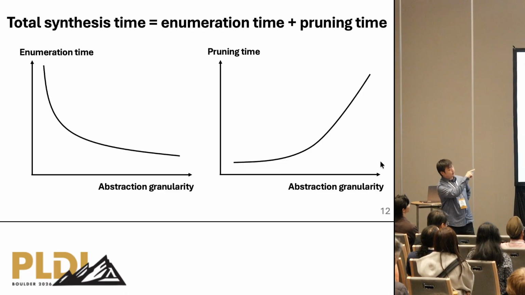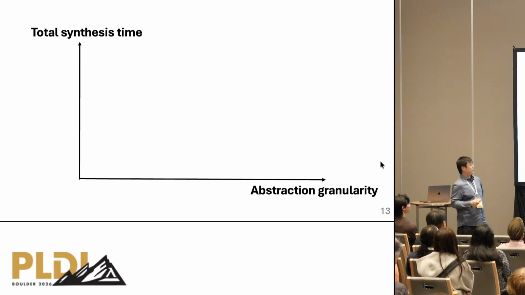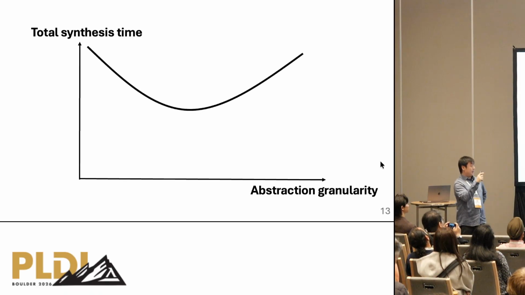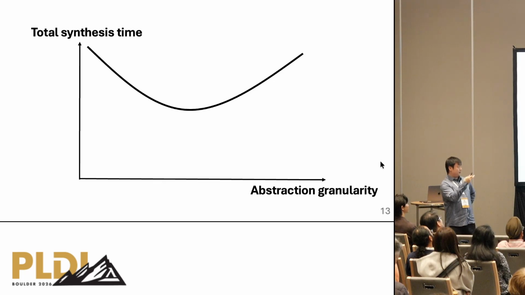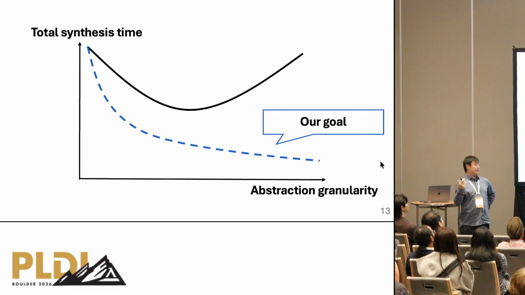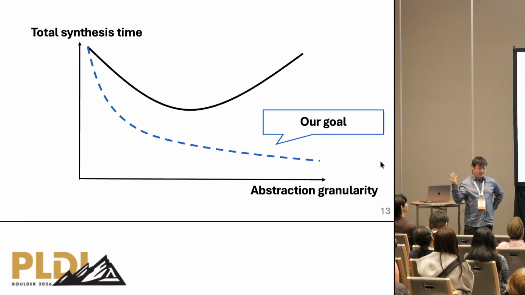If you add these two together, you will find the total synthesis time will first decrease as you use finer-grained abstraction, and then increase. This is because eventually the pruning cost will outweigh the benefits of the pruning itself. Our goal in this work is very simple. We want to use finer-grained abstractions, but we don't want to pay too much of the cost.